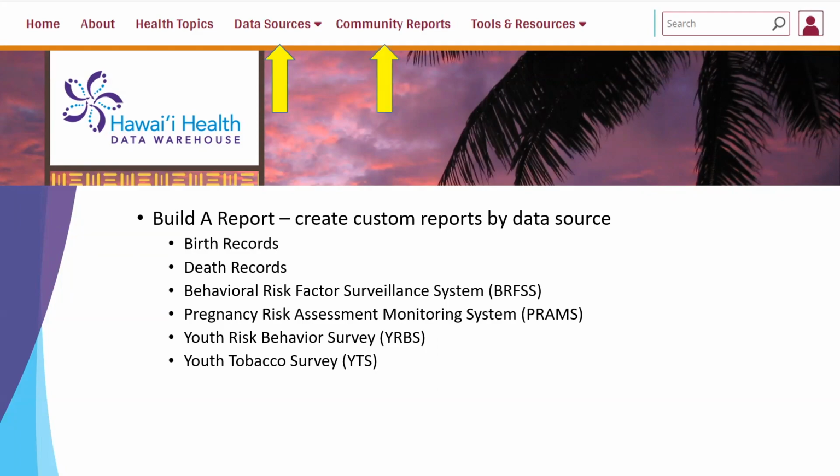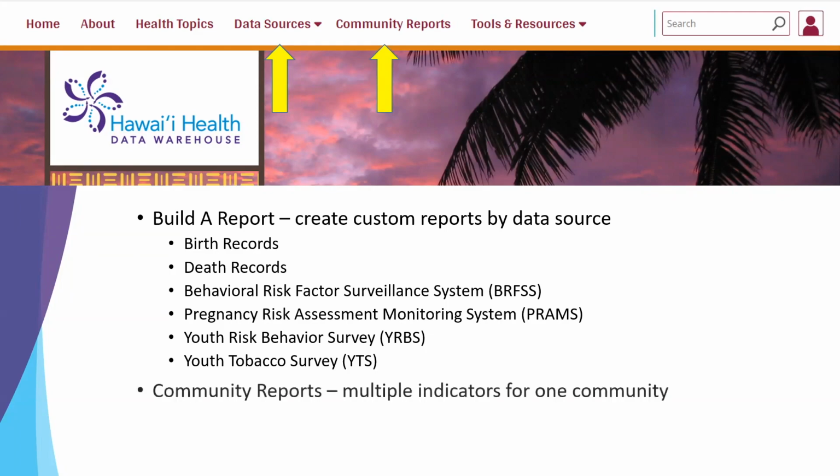We've also discussed using the community reports feature, which is a good resource when you want to look at multiple measures of health in a given community, like a county or race, ethnicity, or sexual or gender minority, and see how they compare to the state as a whole.